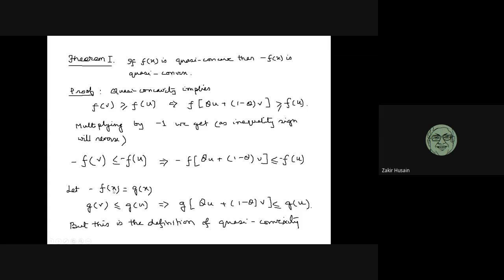Now we just use a shorthand. We write minus f(x) as g(x). So minus f(v) will be simply g(v), this will be g(u), and over here, instead of minus f, we write g. Now, this is the definition of quasi-convexity.